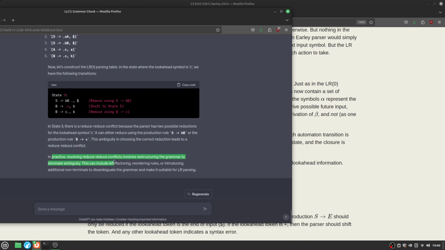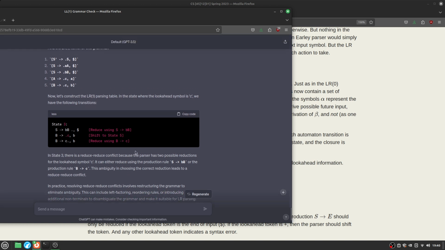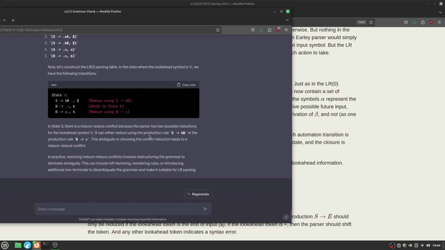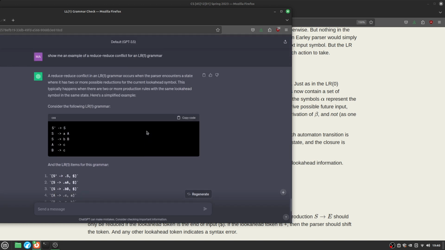In practice, resolving reduce conflicts involves restructuring the grammar to eliminate ambiguity. This can include left factoring, reordering rules, or introducing additional non-terminals. I'm still a bit confused.